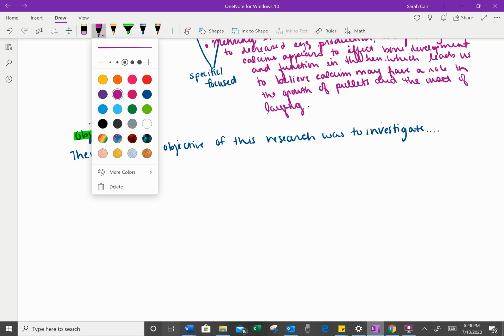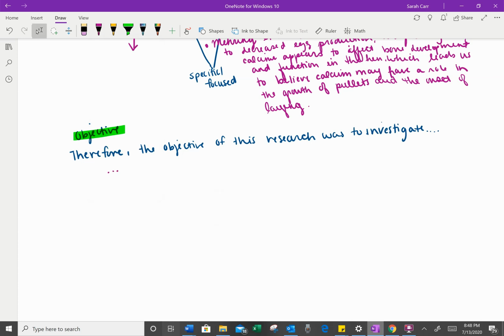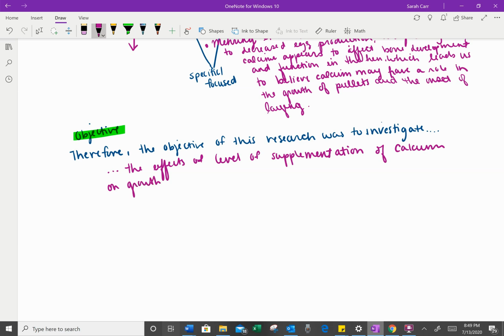This example that I've been using, we may say something along the lines of the effects of level of supplementation of calcium on growth and the onset of laying in Rhode Island red pullets.